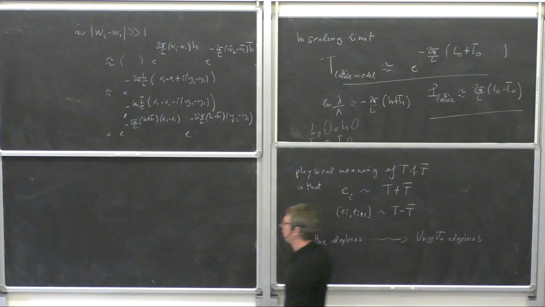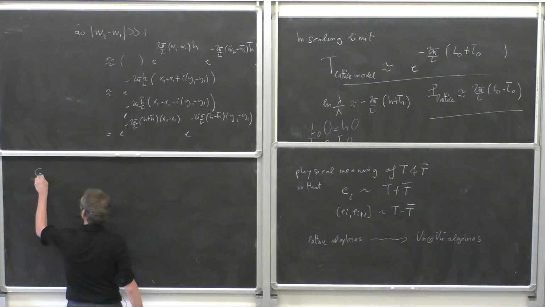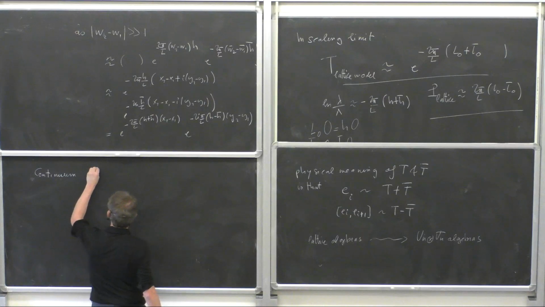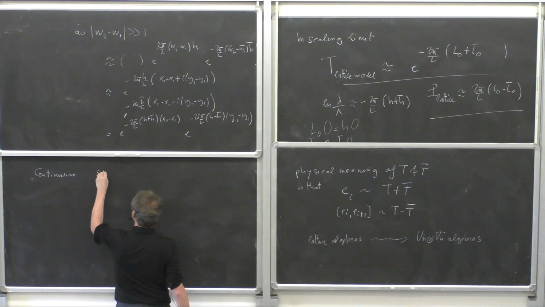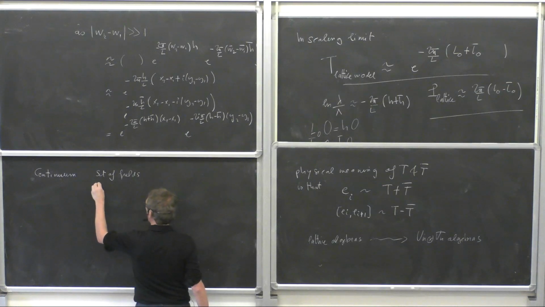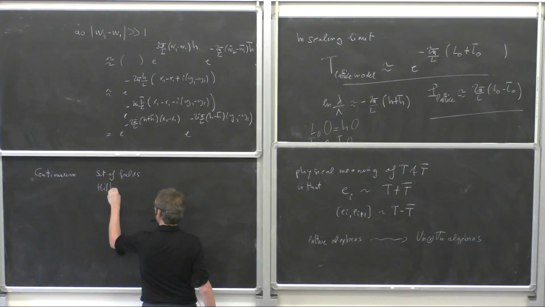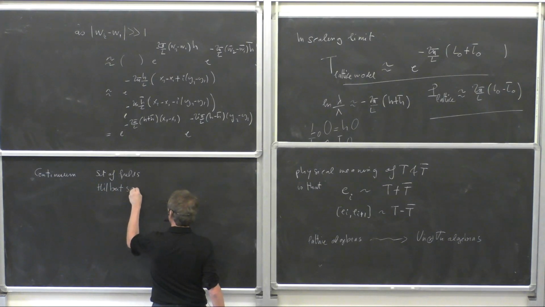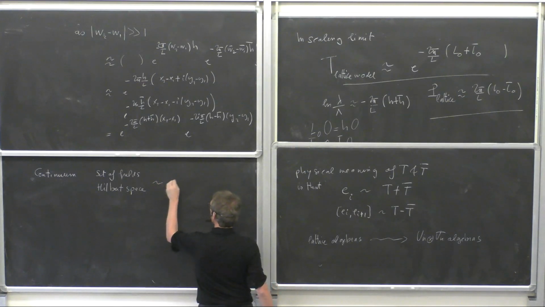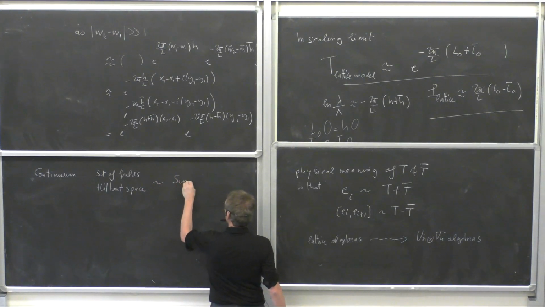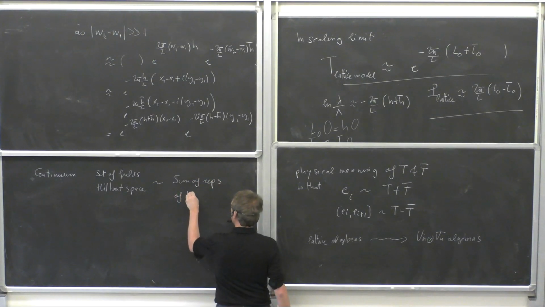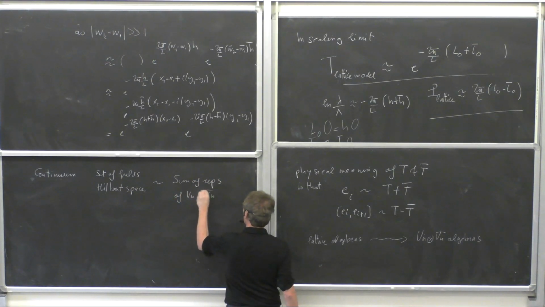So I had in the continuum, I said, oh, well, the set of fields, which I could also dub the Hilbert space if I use the correspondence between 2D and 1D, is given by some sum of representations of Virasoro times Virasoro bar.